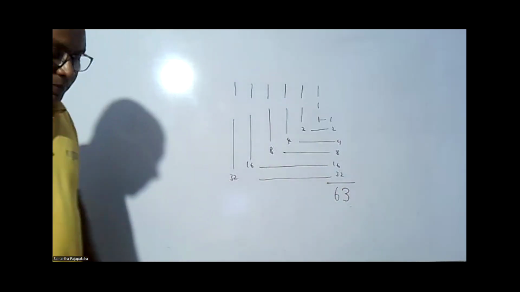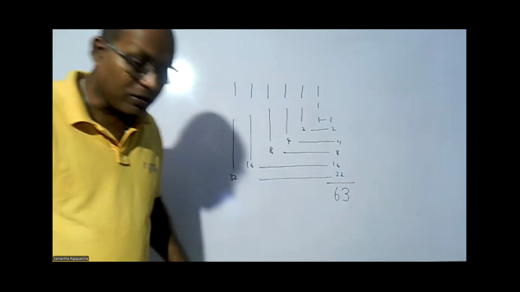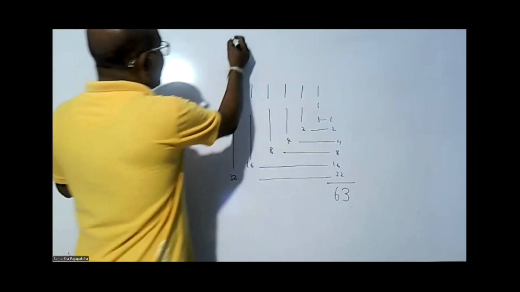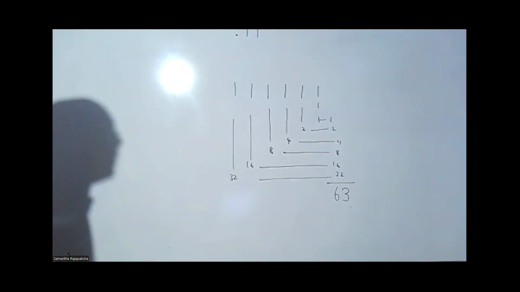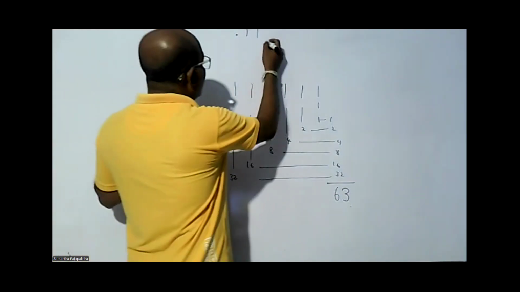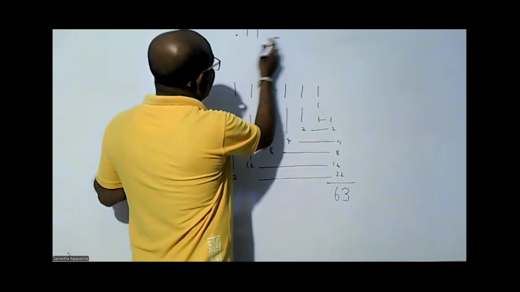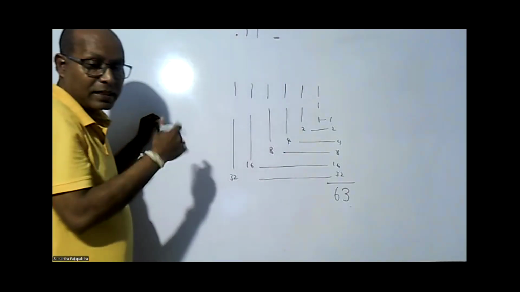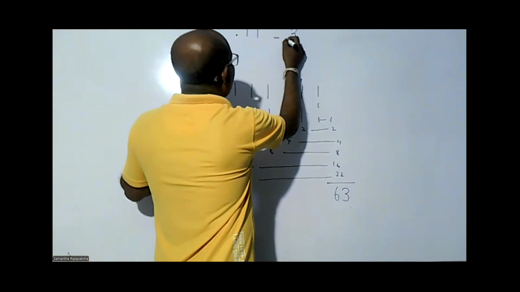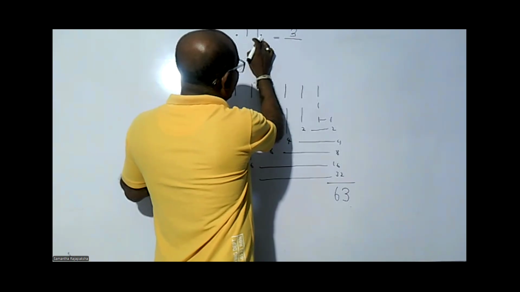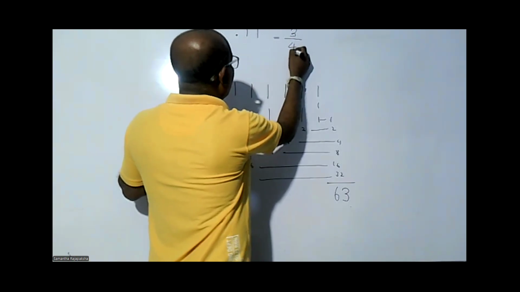So the first part is 63. Now the fraction is after the decimal point, you have 1 and 1. Remember this, you can calculate easily using the same method. That means 1, 1 means 3. How many bits are there? 1, 2. Then 2 to the power 2 is 4. So it is 3 by 4.